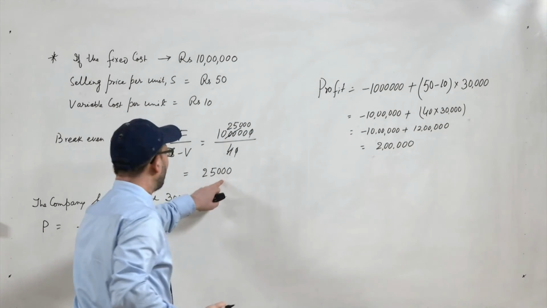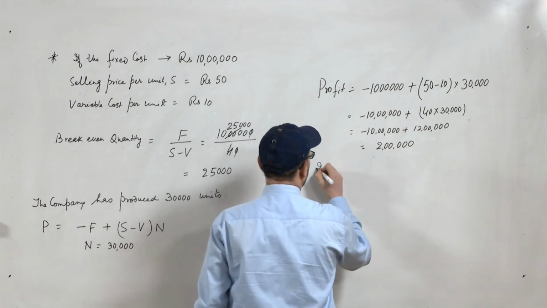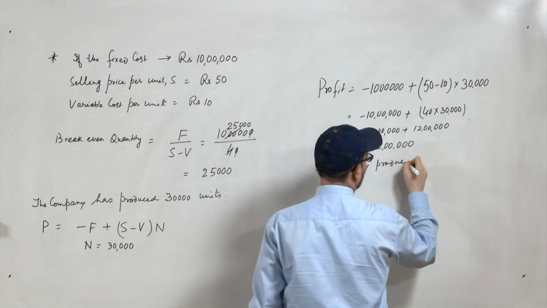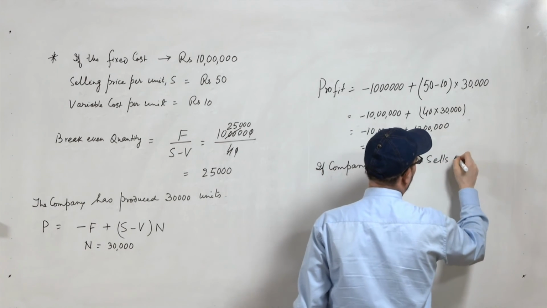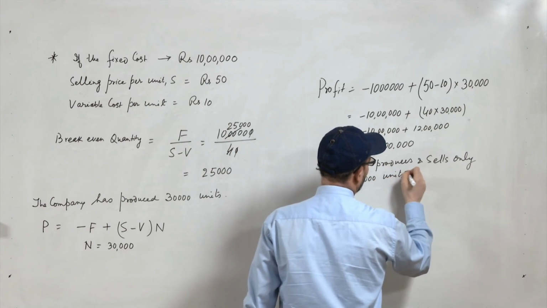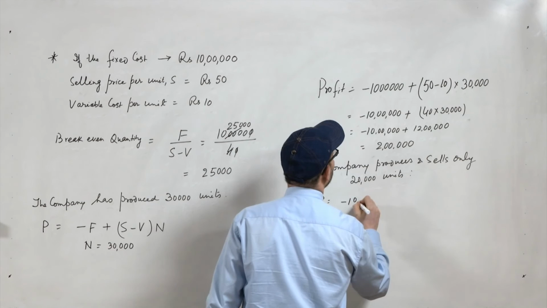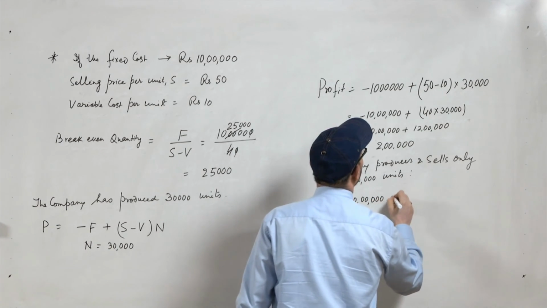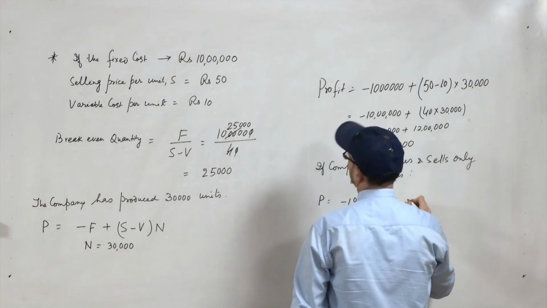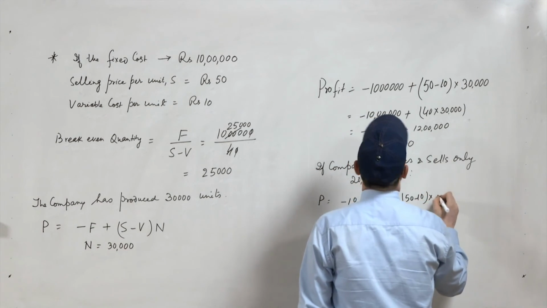If the company on the other hand is able to produce and sell only 20,000 units, in that case we will have P as minus 10 lakh plus S minus V into N. So, this N will be replaced with 20,000 and S minus V is 50 minus 10, that is 40 into 20,000.